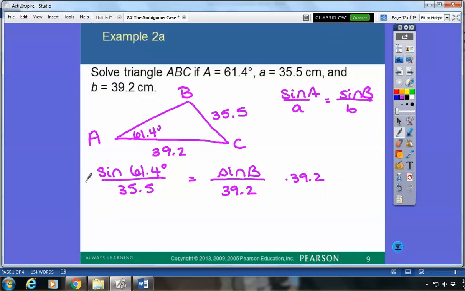So then we have to multiply over our 39.2, and we're just going to put that in our calculator. So 39.2 times sine of 61.4 over 35.5.